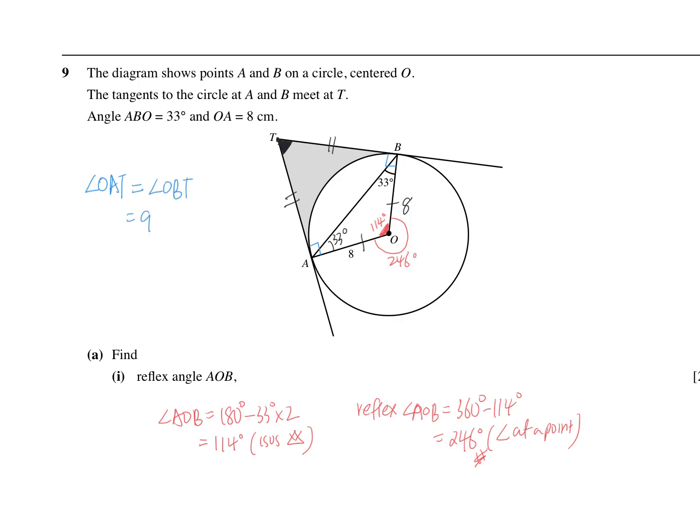They are all 90 degrees because tangent perpendicular to radius. Tangent perpendicular to radius is a very common one to use. So if I have 4 angles of a quadrilateral, they must always sum up to what? 360.